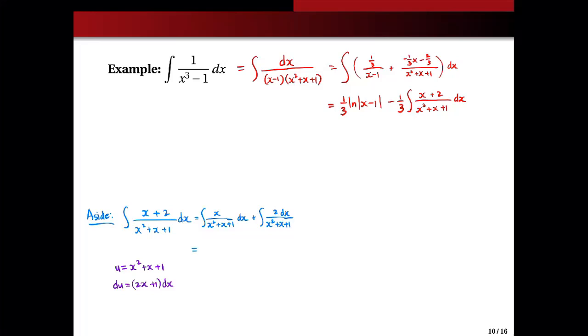So what will happen is I will have 1/2 integral of 2x, and then the same denominator, x squared plus x plus 1 dx, plus, of course, this is still the integral of 2 dx over the denominator here.